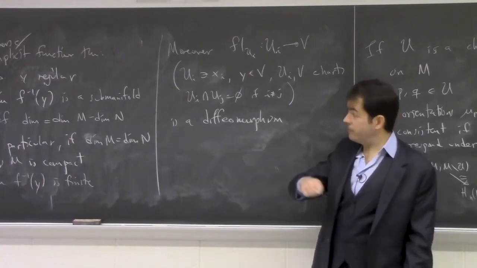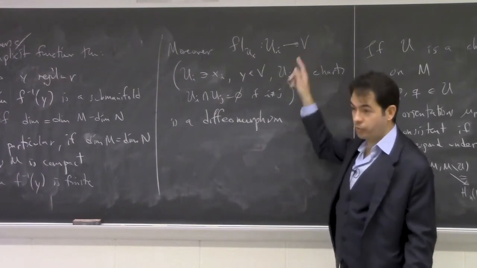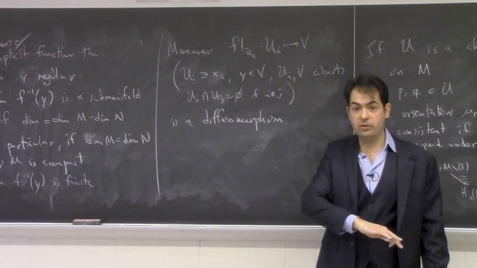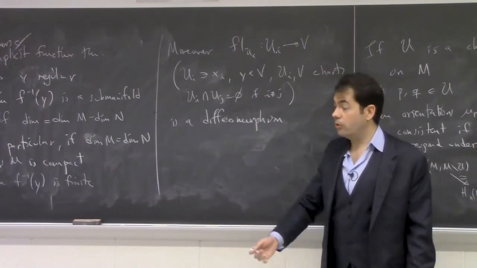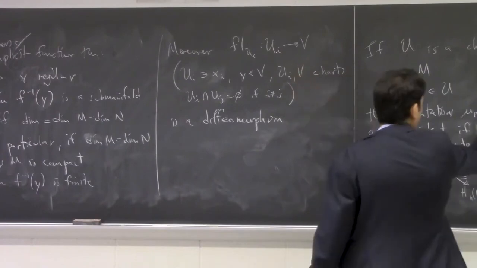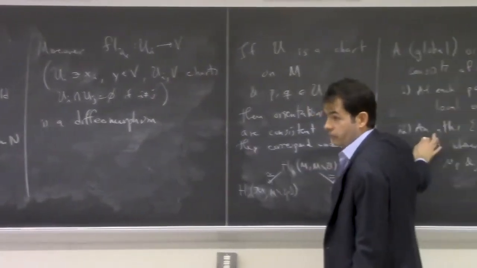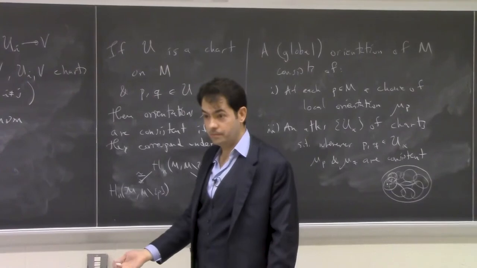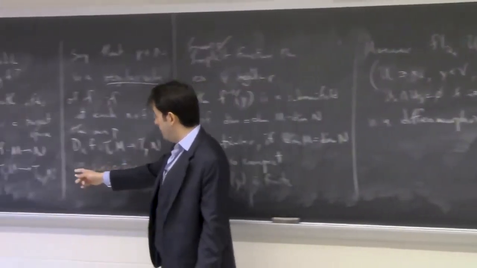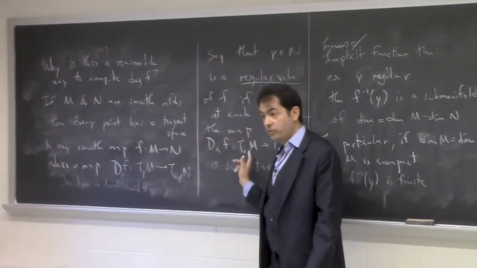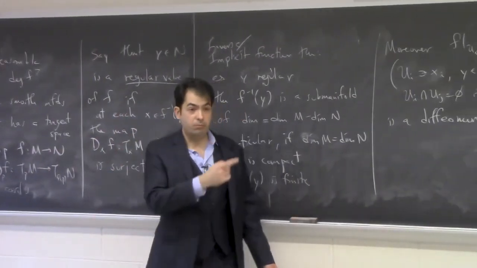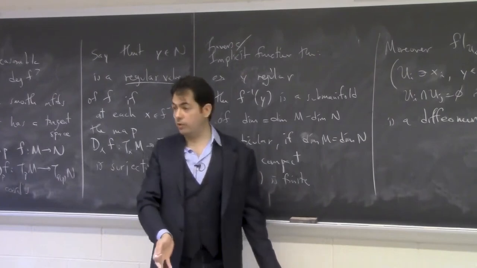If this restricted map preserves orientation, then you give it a +1, and if it reverses orientation, you get a -1. And how do you know if it preserves or reverses orientation? Well, if you pick an atlas with oriented charts, then you have these Jacobian matrices, right? Take the determinant. If it's positive, put a +1, and if it's negative, put a -1.